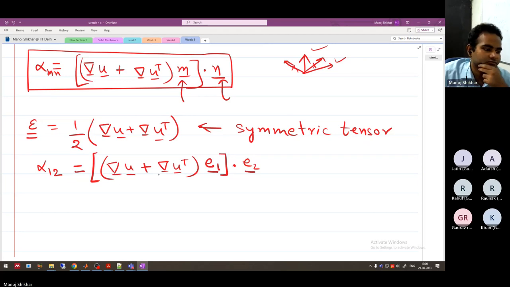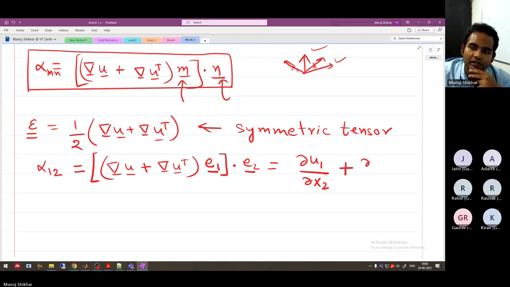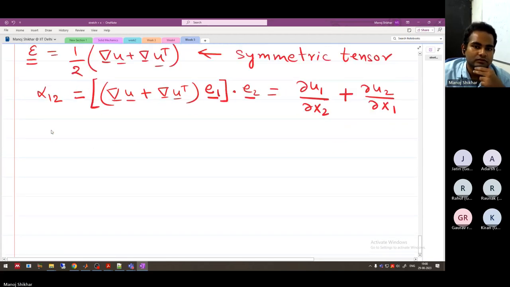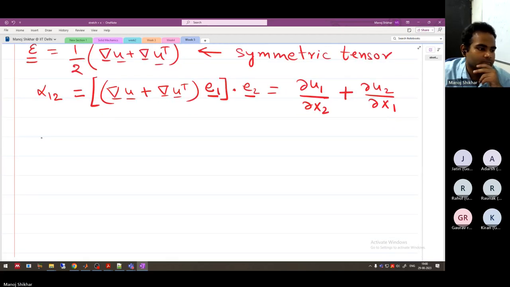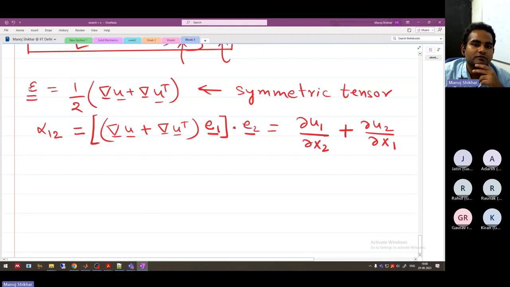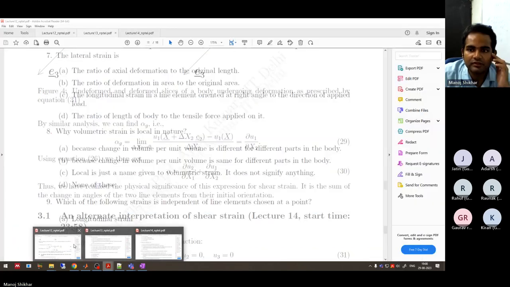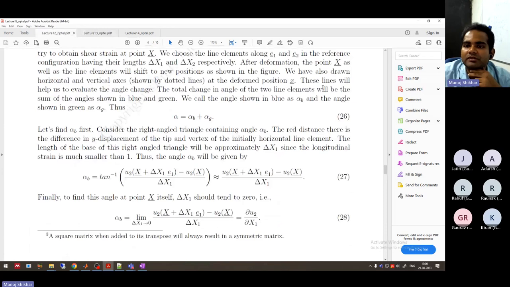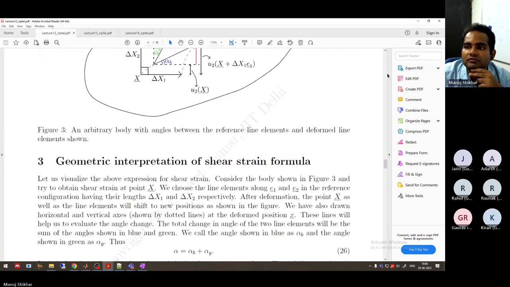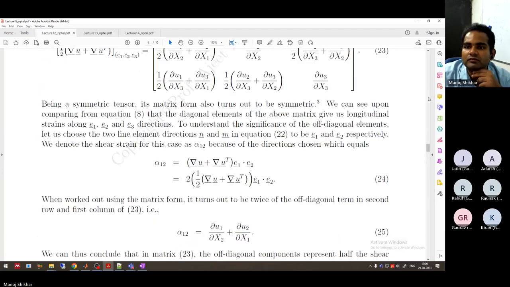This will give me del u1 by del x2 plus del u2 by del x1.